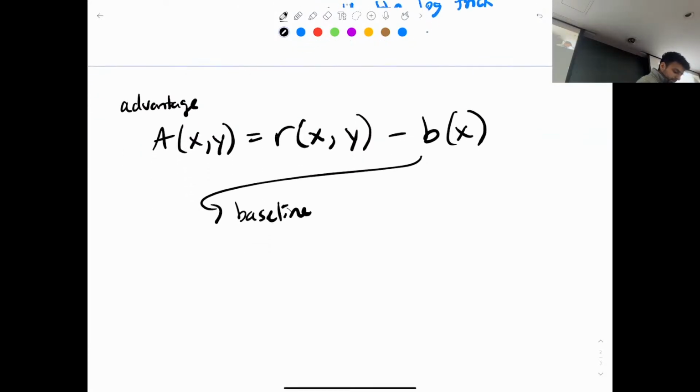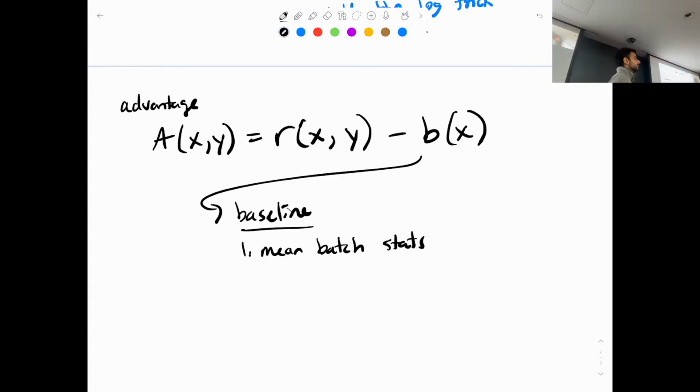Okay, so here we talked about the mean batch stats in the last class, and we decided that this wasn't a great way of computing a baseline because all the prompts in the batch would be different, and so it's hard to compare the reward across different prompts. Maybe if you had a large enough batch, this might be effective, but your batch size also is limited by the compute that you have.